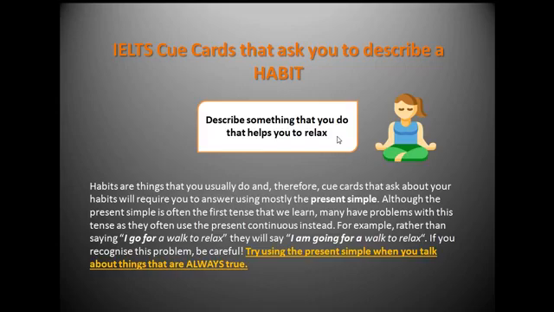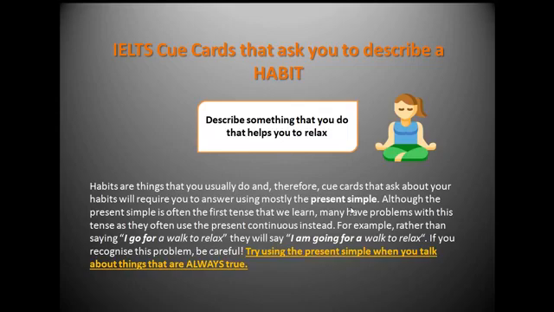I have taken today an example as describe something that you do that helps you to relax. Now, habits are things that you usually do. Am I right? And therefore, cue cards that ask you about your habits will require you to answer using mostly the present simple tense.